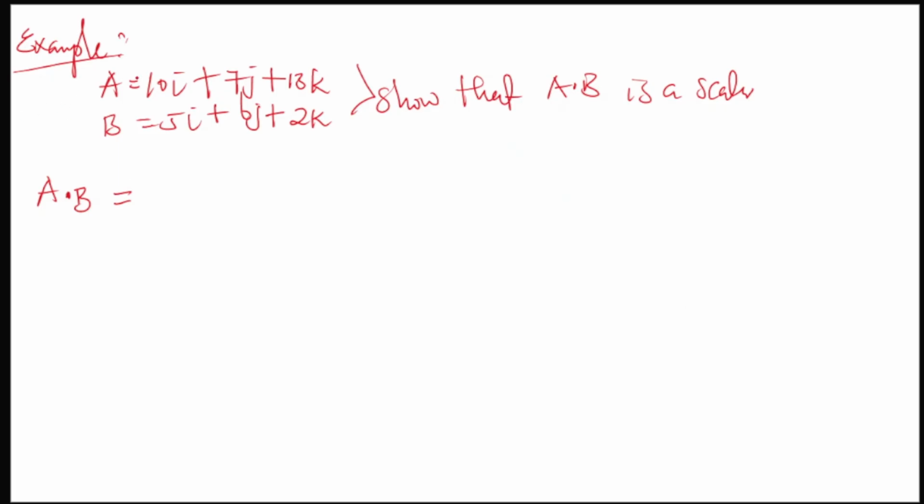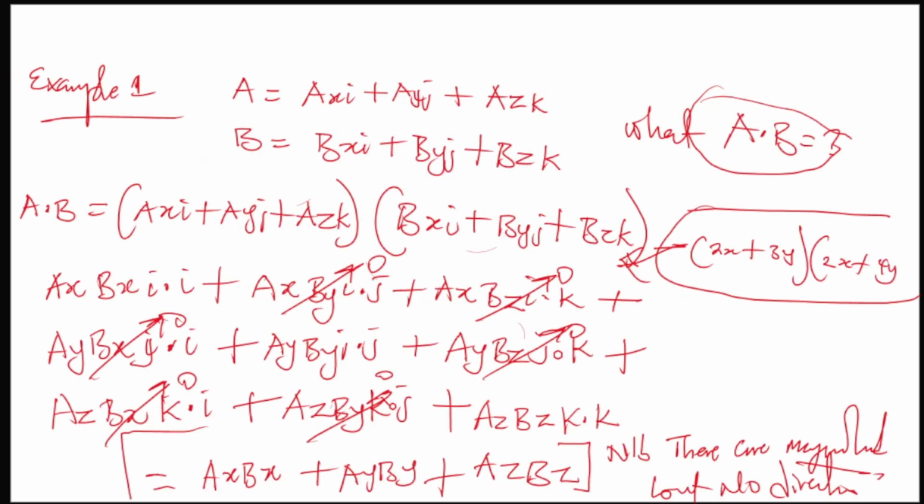Remember, how I represent this in my exam is you take this to be AX, this AY, this AZ. Here you take this to be BX, here BY, and here BZ.